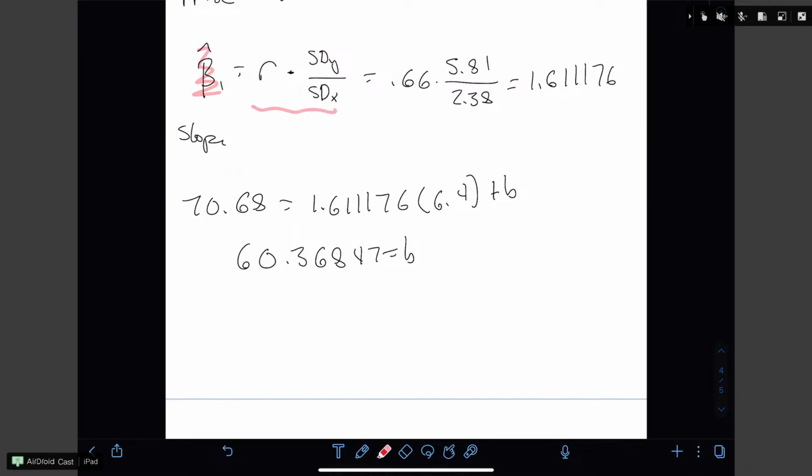That's step 1. Plugging that in, we got our slope right here. The important part is the formula for slope is R times the standard deviation of Y over the standard deviation of X. That's how we calculate slope.